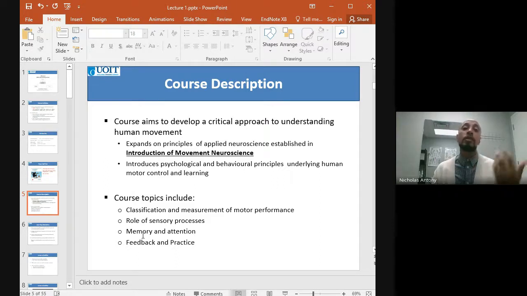So now we got to research it and understand really the specifics of it, because it allows us to optimize rehab, clinical stuff, and training. And then the last part of the course is we're talking about feedback and practice.